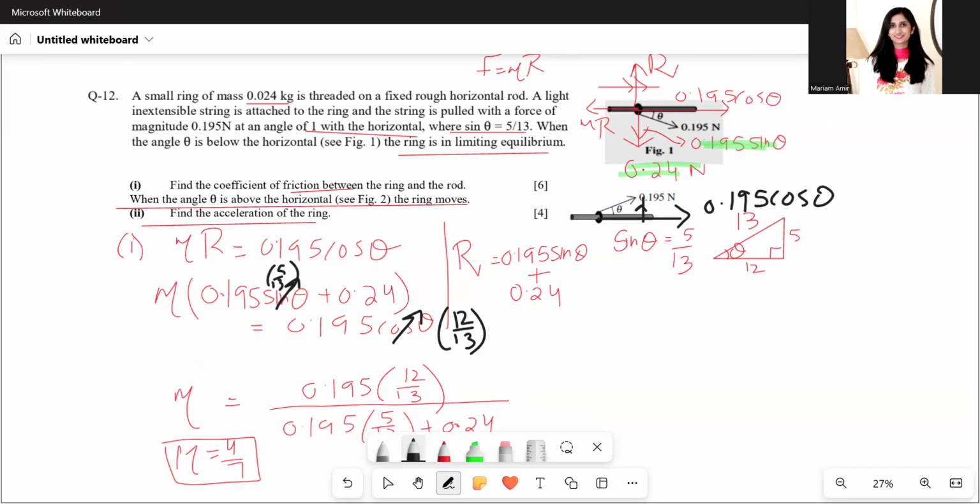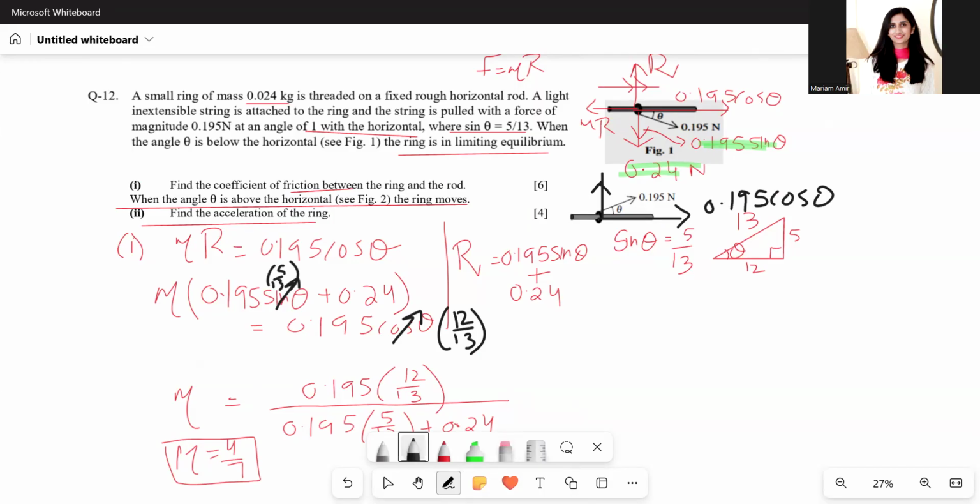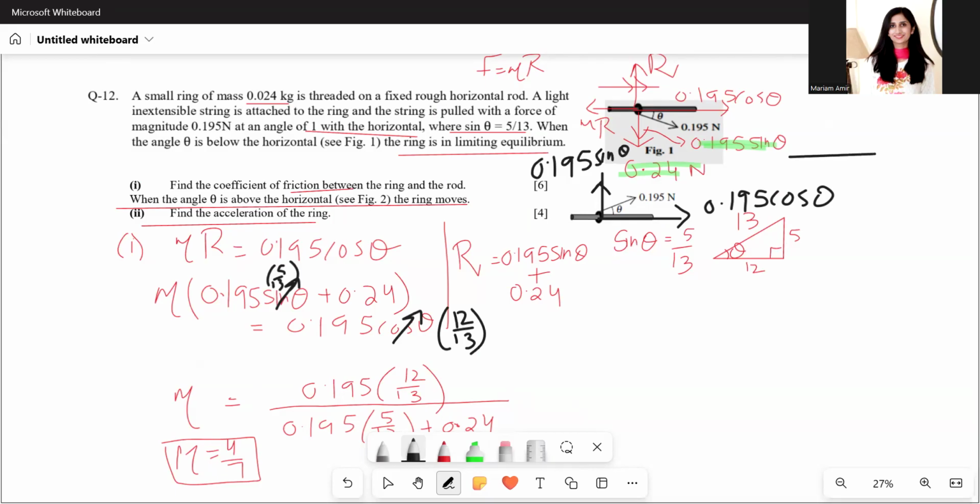This is the sine component, but we're going to draw it here. Since the movement will be in this direction, we will have friction backwards, mu R, and then a normal contact force in this direction and a weight in this direction, 0.24.